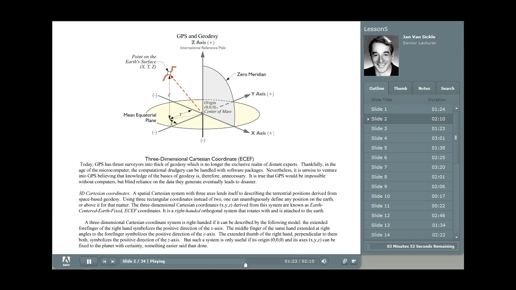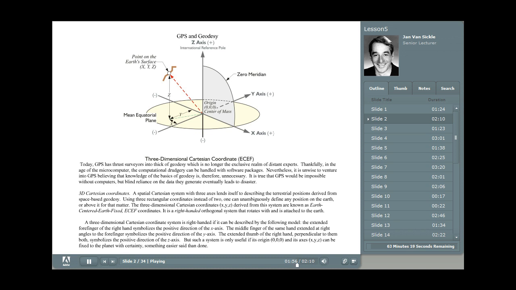Now, obviously, the plane of the equator, the mean equatorial plane, and the zero meridian, or the prime meridian, are vital to this system. And the prime meridian corresponds, as you see, with the x-axis, and the y-axis then is perpendicular to that at 90 degrees longitude east and west, and then the polar axis is the z-axis, which is known as the International Reference Pole.